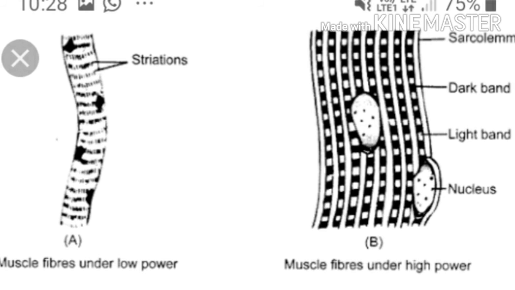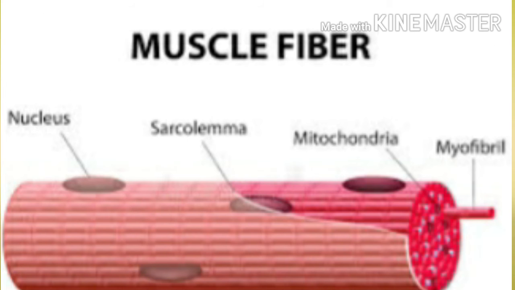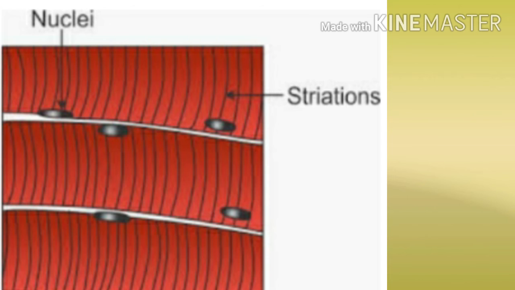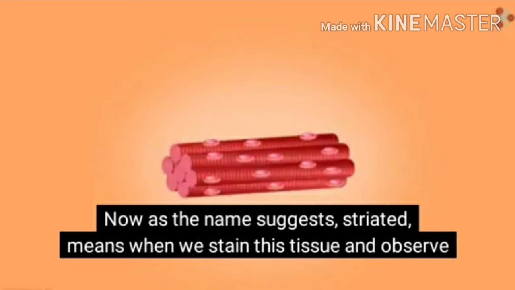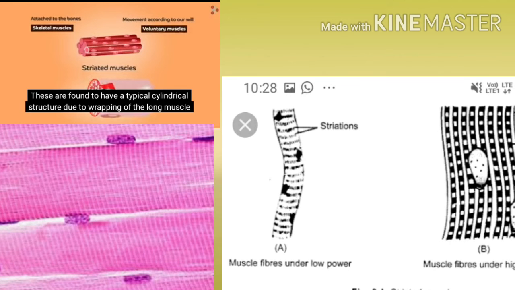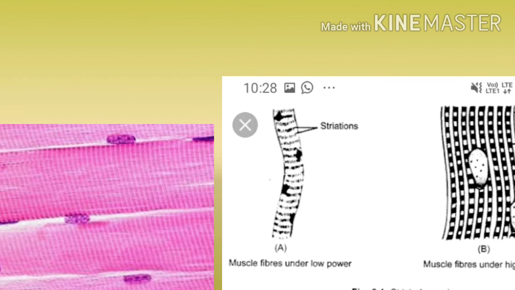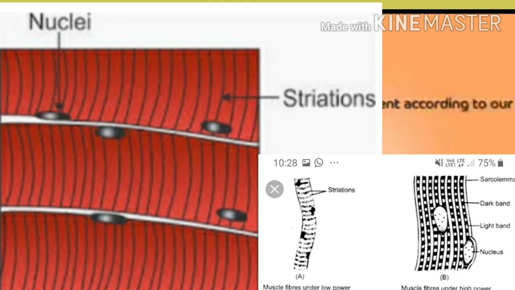Striated muscle fibers or muscles are also called striped muscles, skeletal muscles, and voluntary muscles. They are long, cylindrical, unbranched muscle cells which bear striations in the form of alternate light and dark bands.